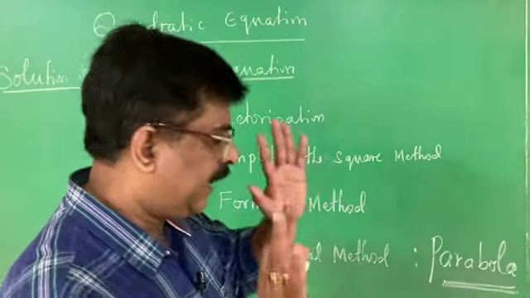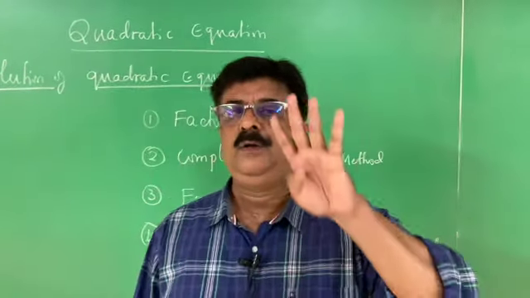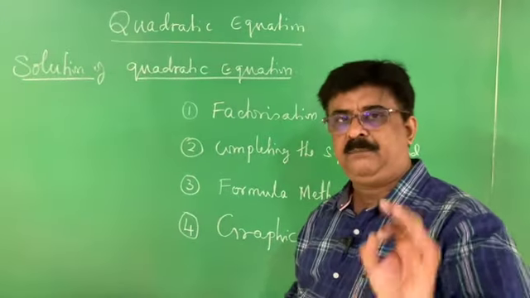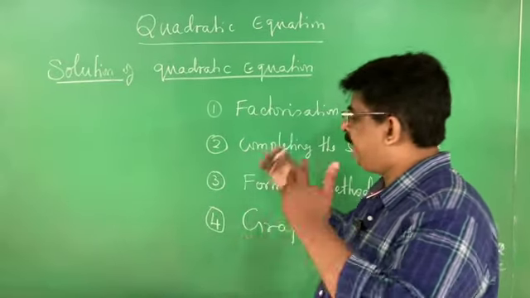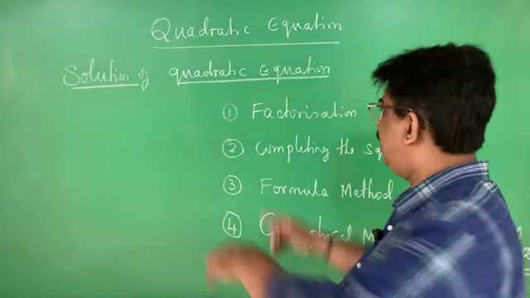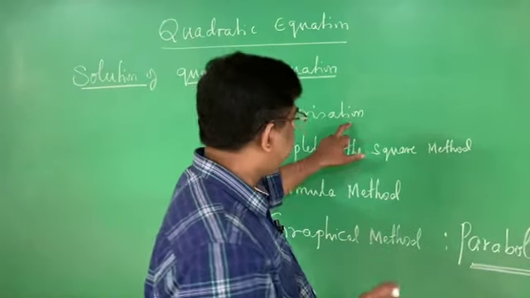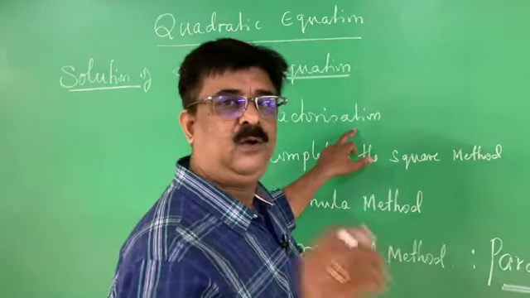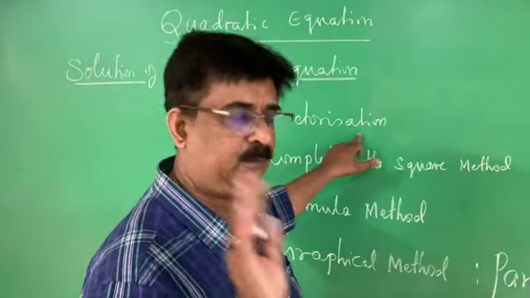I repeat once again, there are 4 methods to solve a quadratic equation. Factorization method is simple; you have studied factorization from 6th standard onwards. This method has some problem: we can find only the real roots of the quadratic equation.